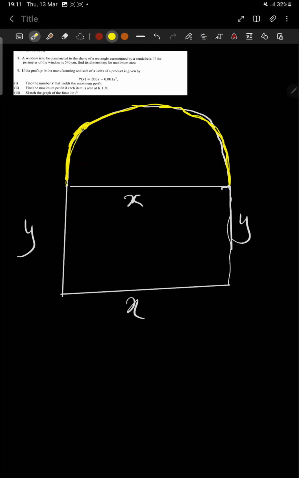Now we know for a semicircle, we need the radius. So since this is x, half of this is like a diameter here, half of this and half of that. This represents the radius, so this is r and this is r. Now half of x is x over 2, so r is x over 2, even here r is x over 2 for a semicircle.